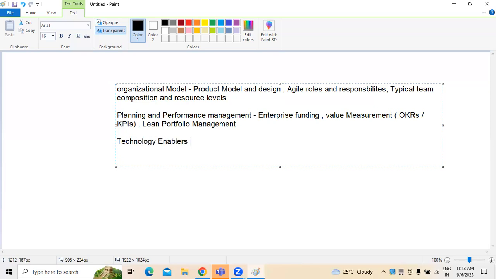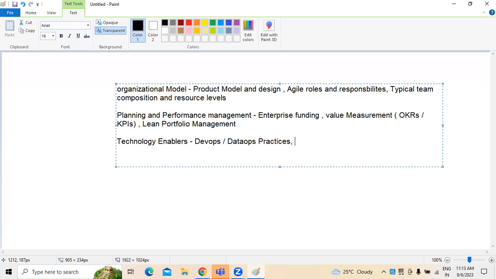So the next one is about technology enablers. Technology enablers are about understanding the kind of technologies relating to DevOps, and whatever practices we are going to use, whatever the DevOps practices are. Because the incorporation of a DevOps environment is what we are doing now.